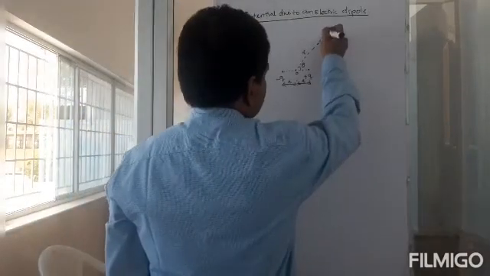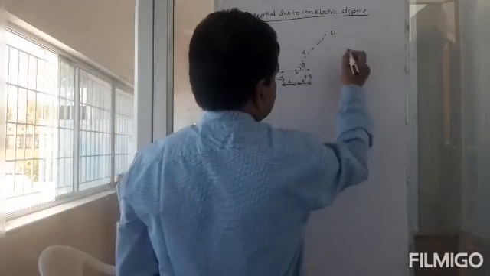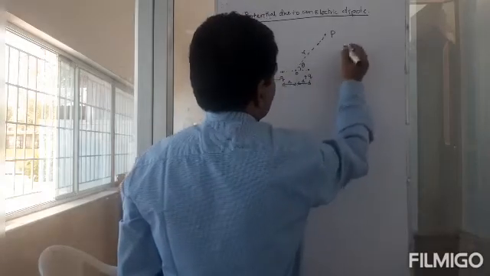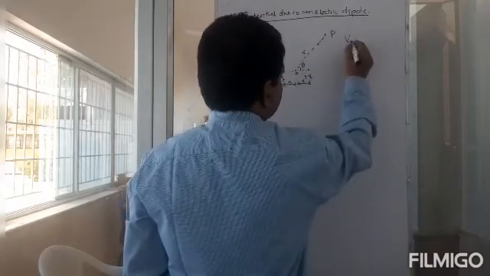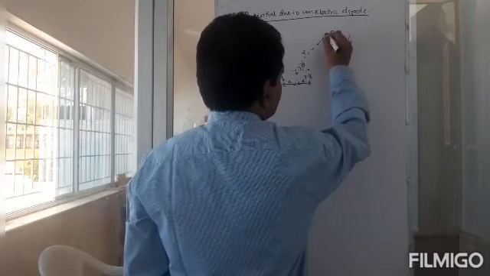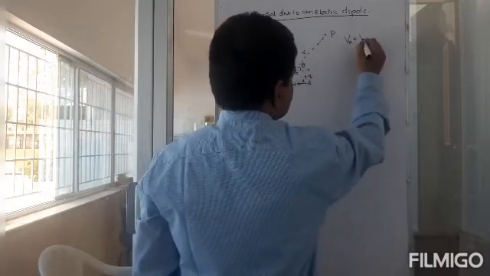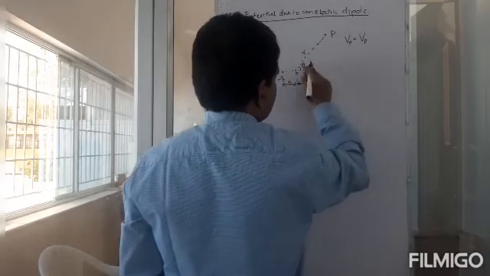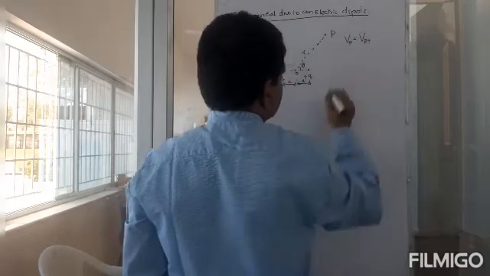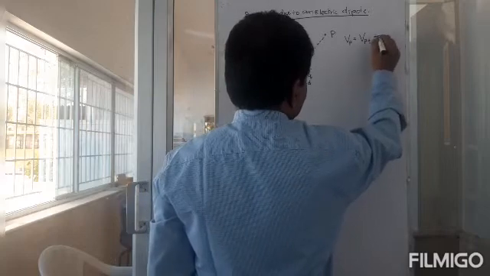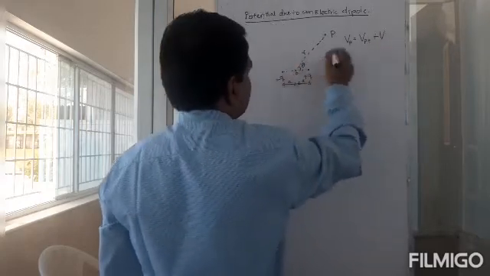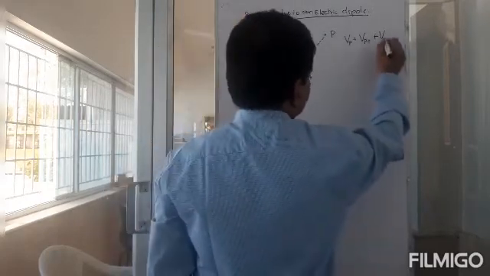So we want to find the potential at P due to the dipole. What would we do? The potential at P due to the dipole is equal to the potential at P due to the positive charge plus the potential at P due to the negative charge.